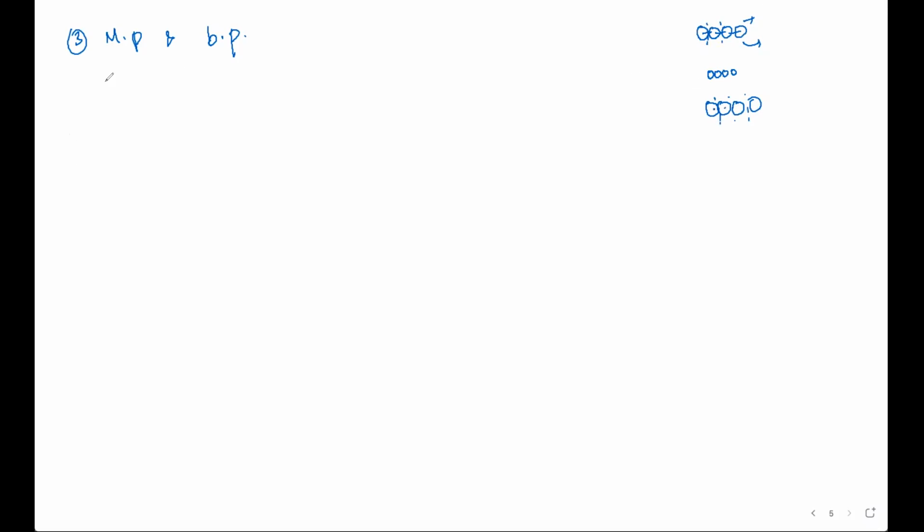Melting point and boiling point are generally low for group 1. Group 2 is also kind of low, but definitely greater than group 1 elements. And the trend is that they decrease from top to bottom.